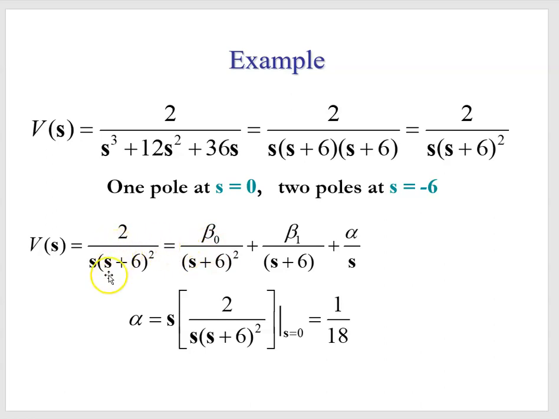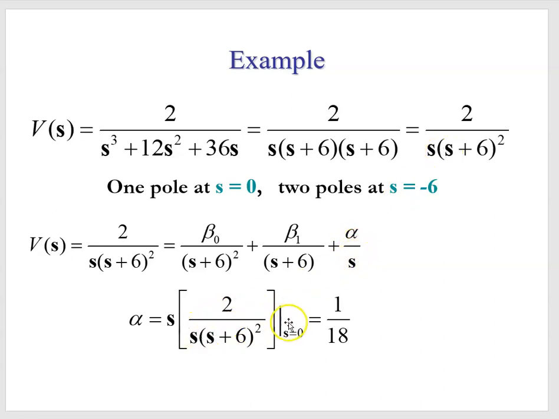So now we can set up to solve this problem with our method of residues, and we'll use our differential twist here, where we have beta 0 over (s plus 6) squared and beta 1 over (s plus 6) to the power of 1, and we have just some alpha over s. That's our distinct root.